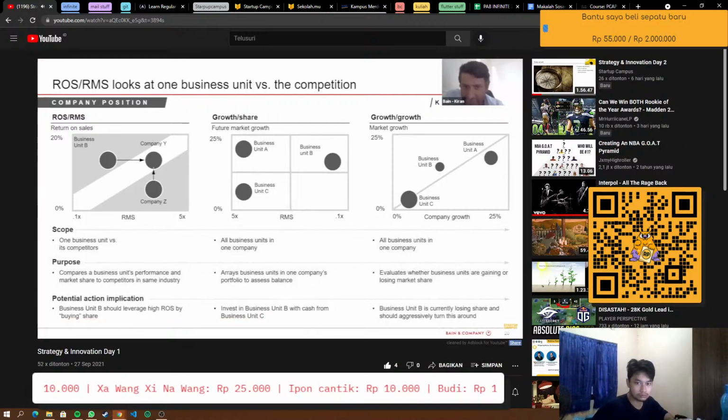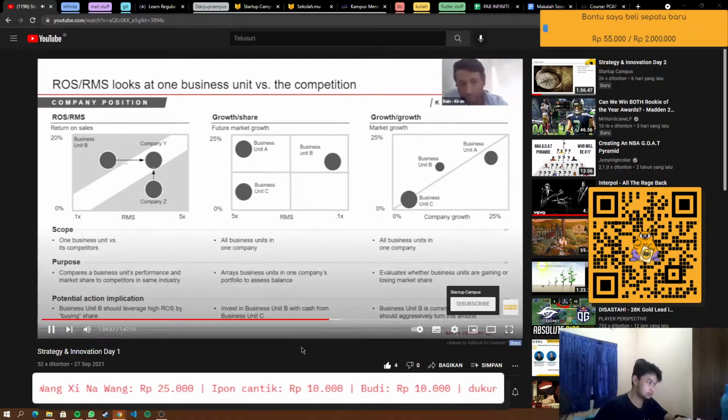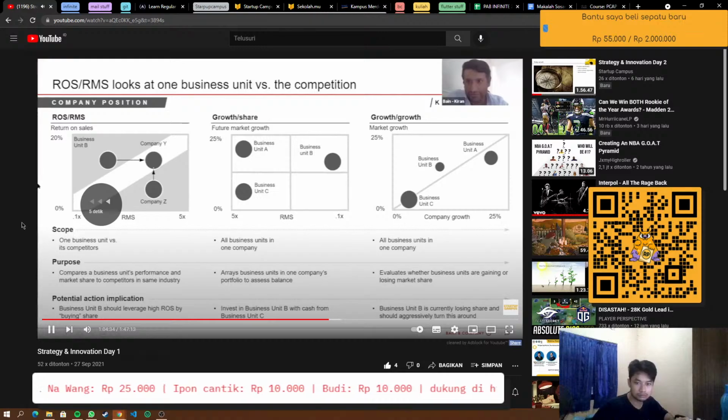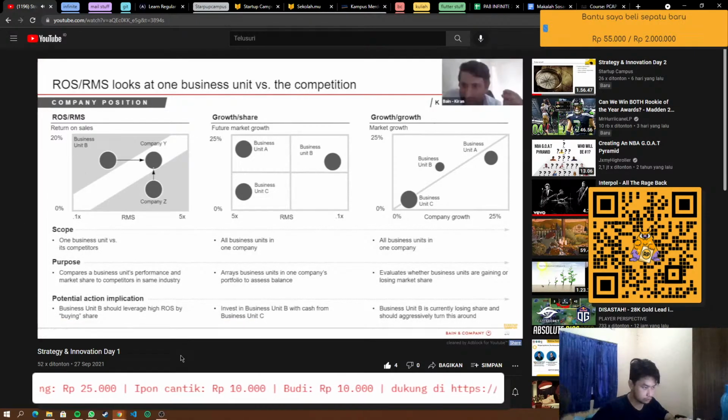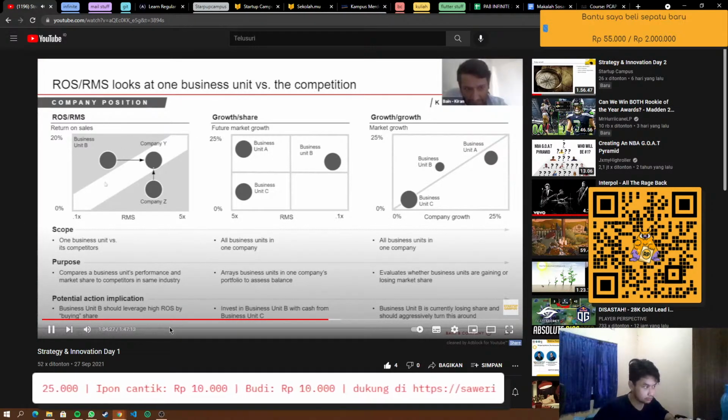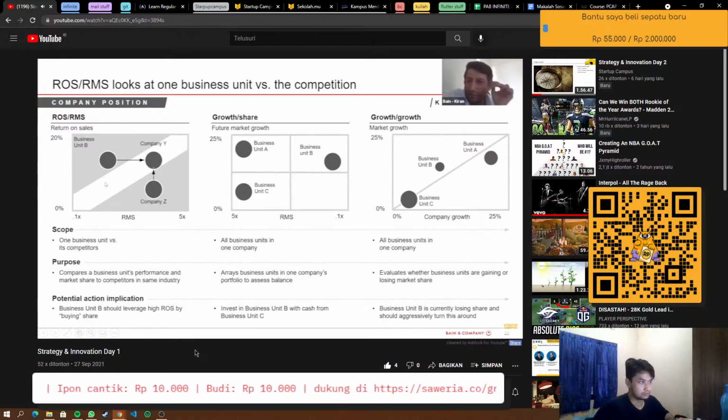So if I take, for example, I can plot a Tokopedia, a Bukalapak, a Shopee, a Lazada, a Zalora, whoever on this page, and I can say what does that mean?